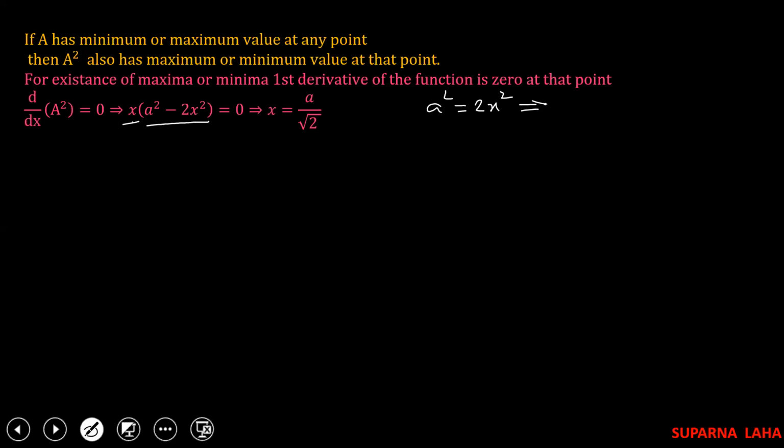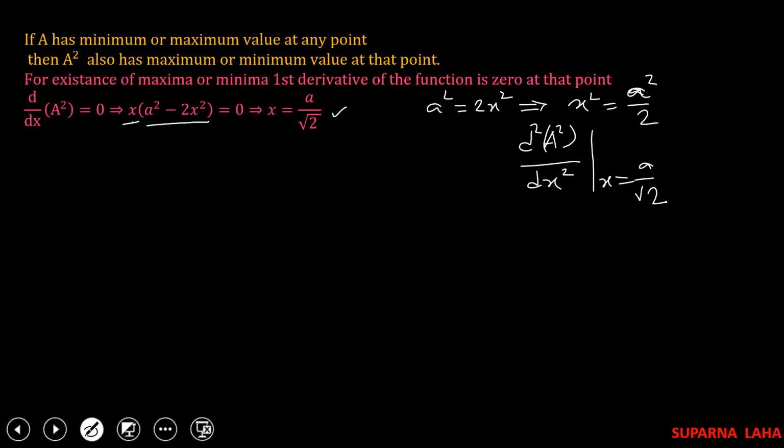Now from here I can write x square is equal to a square by 2, and then x is equal to a by root 2. Now if x is equal to a by root 2, then we need to find whether the second derivative is positive or negative at the point x is equal to a upon root 2.